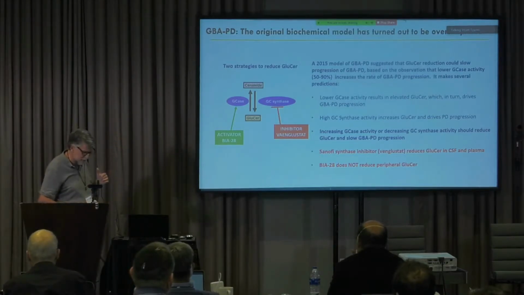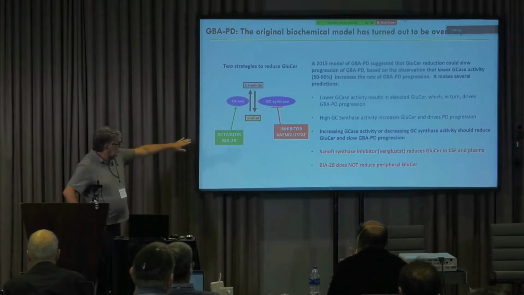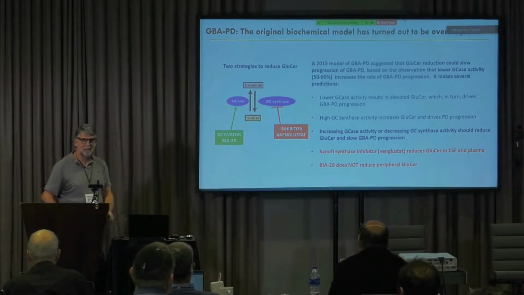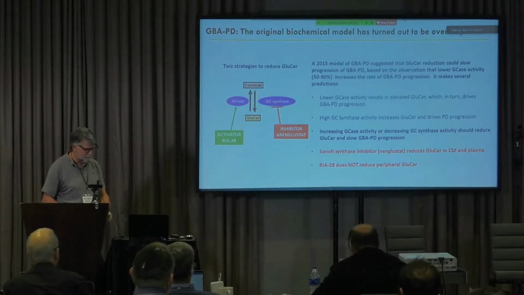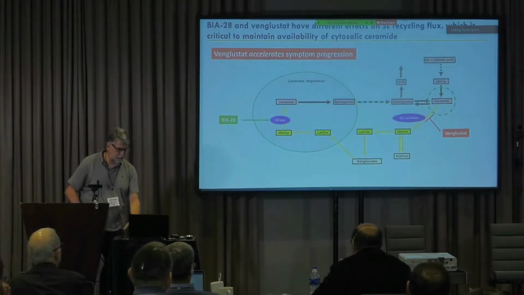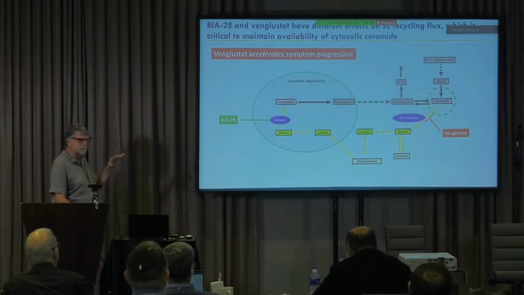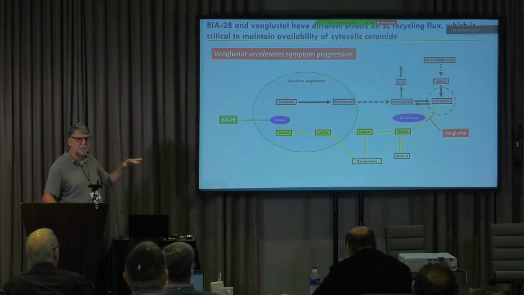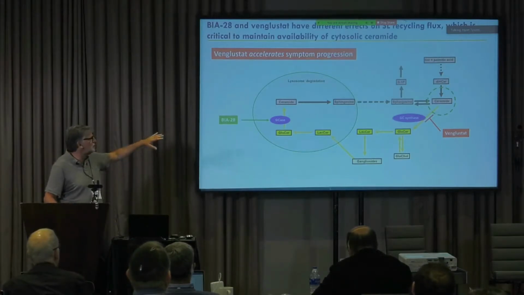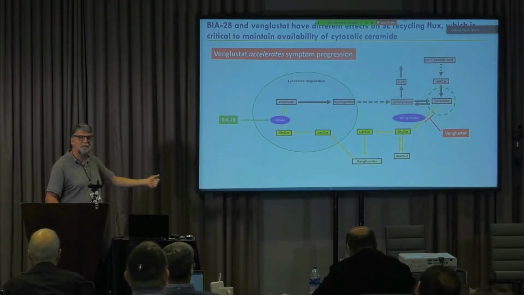Well, it turns out it's not, because Sanofi developed an inhibitor of that, and it accelerates progression of Parkinson's disease. Actually, very clearly accelerates, right? So it's more complicated than this, unfortunately. This is getting towards the level of complexity that you have to be at. So there's two places where GlcCer and ceramide are in the cell. In the lysosome, everything's going one way, degradation, right?